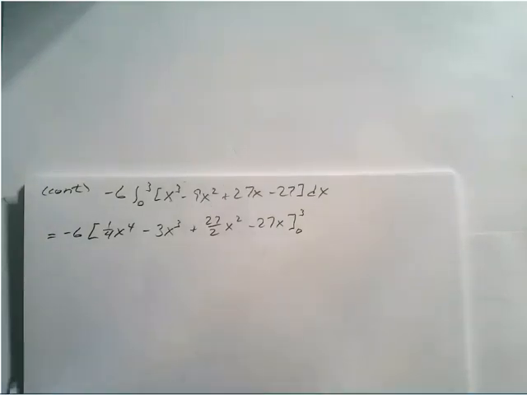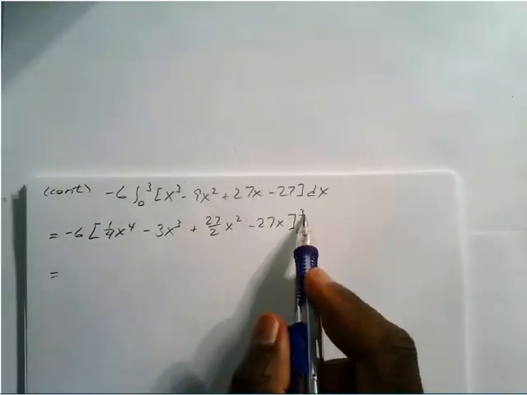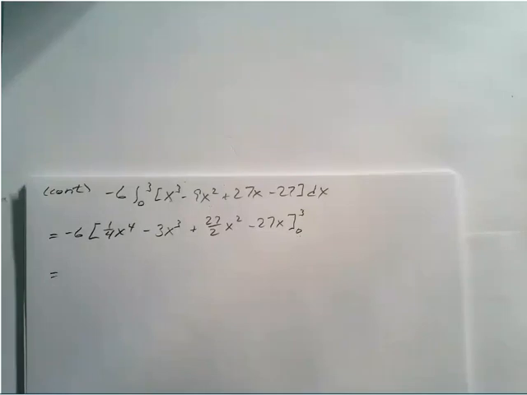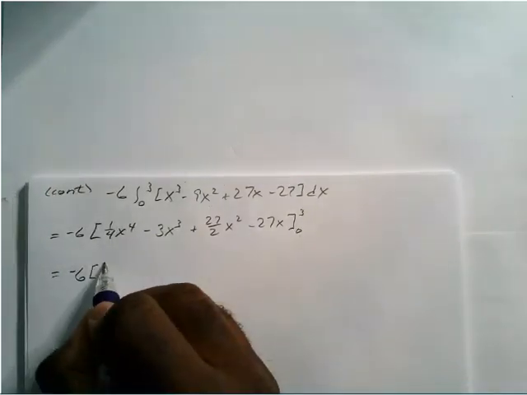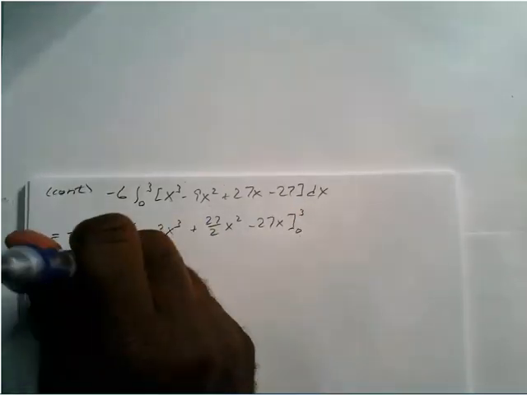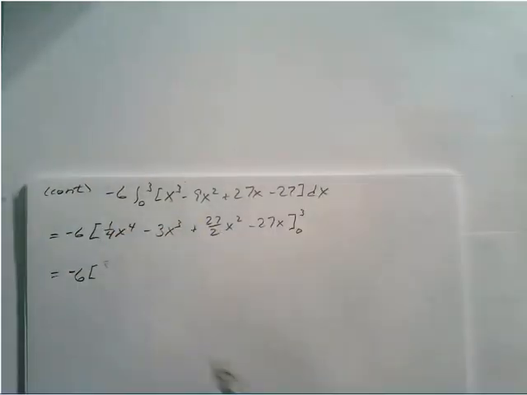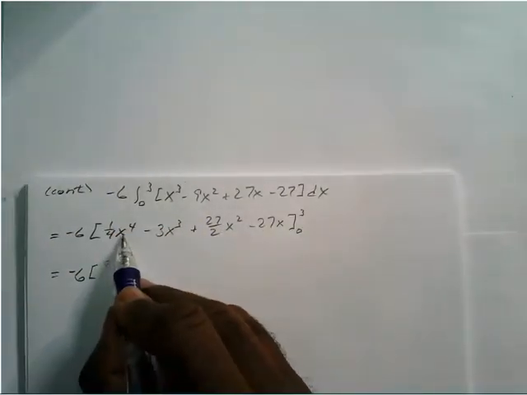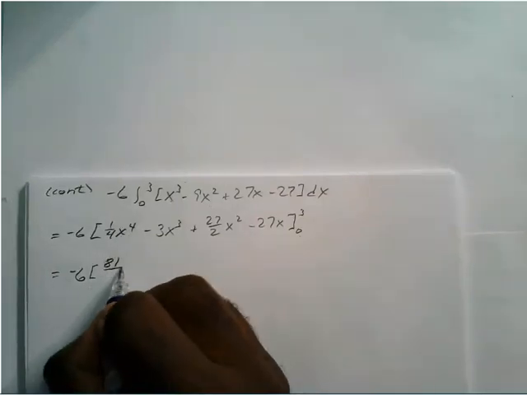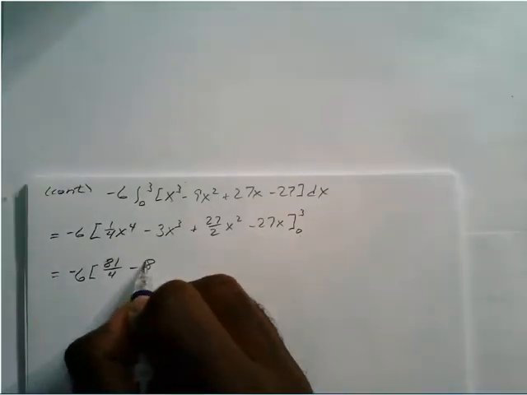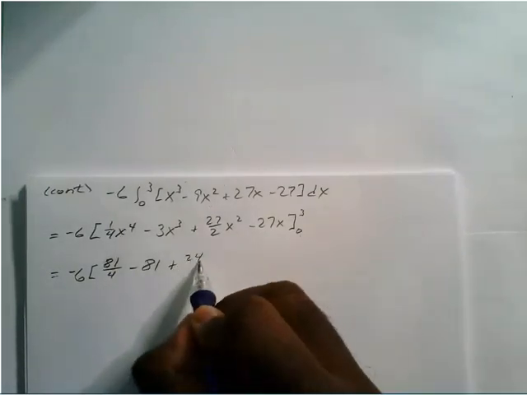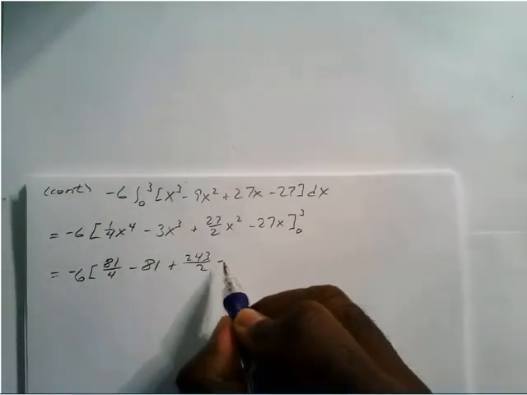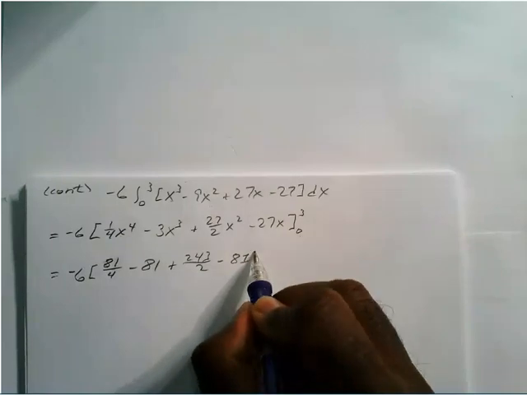All right, so if we go ahead and plug in our 3, because of course once we plug in the zeros, it's just all going to be 0. We have negative 6 times, that should be 81 over 4, since 3 to the fourth power is 81, minus 81, plus 243 over 2 minus 81.